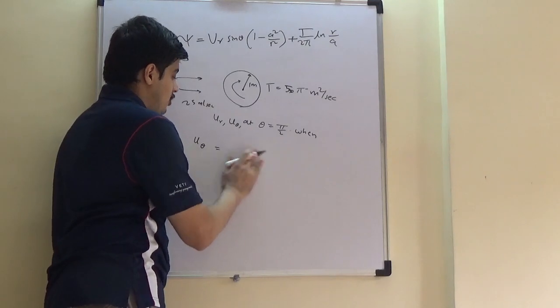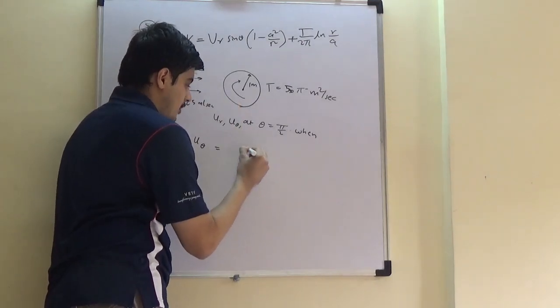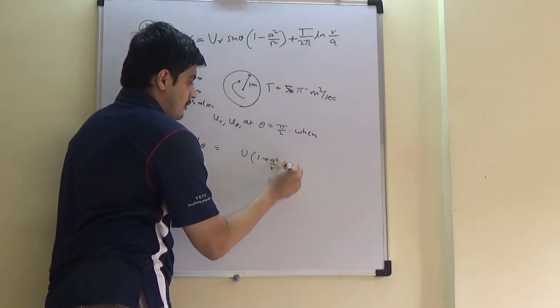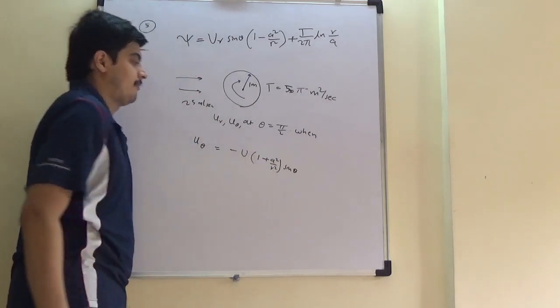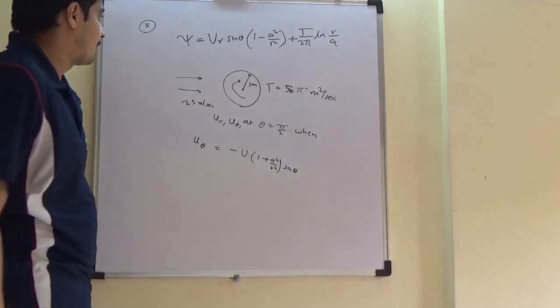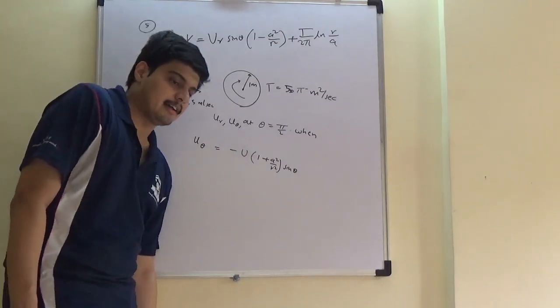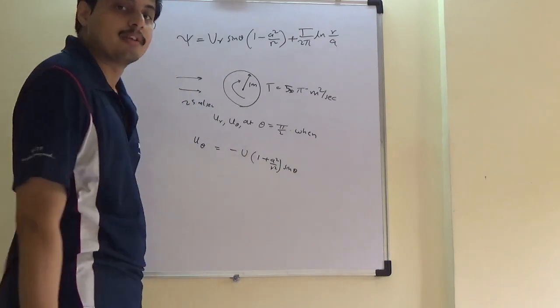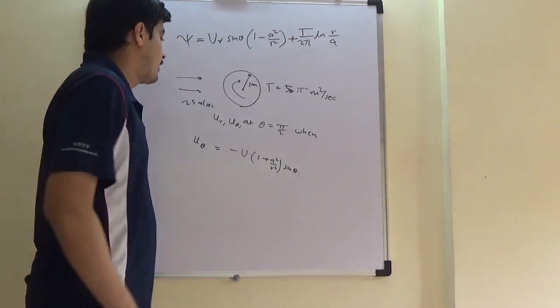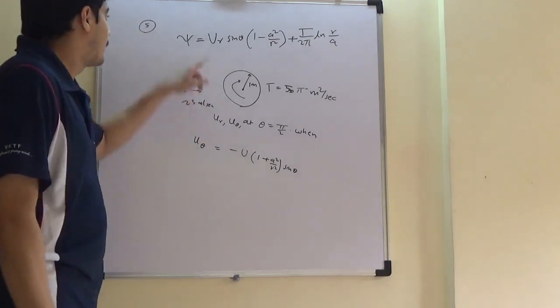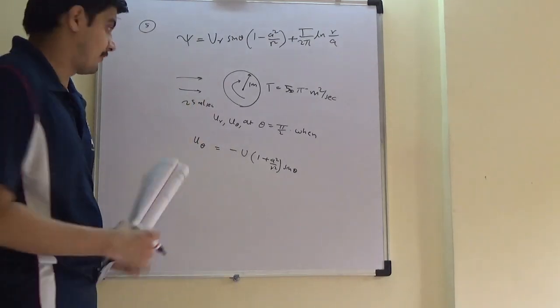Always remember, U theta we derived to be minus U 1 plus a square upon r square sine theta. How did we do this? We had 1 upon r del psi by del theta and del psi by del r, both the components.